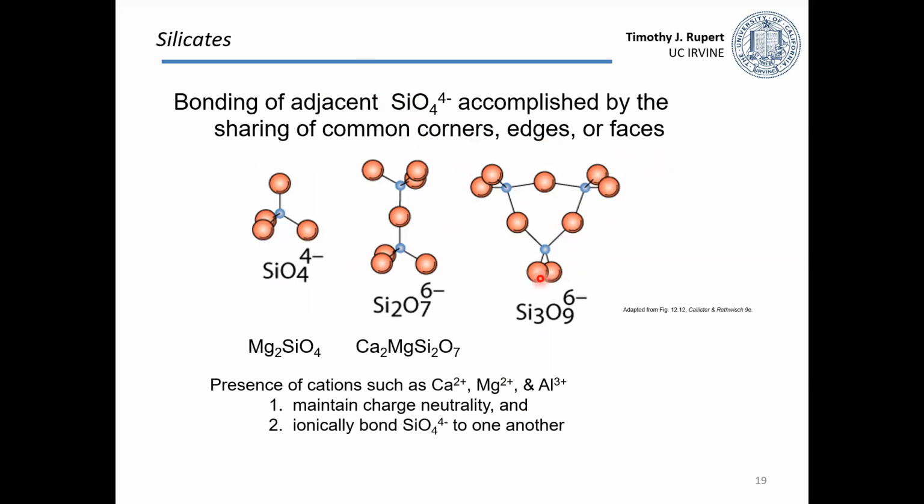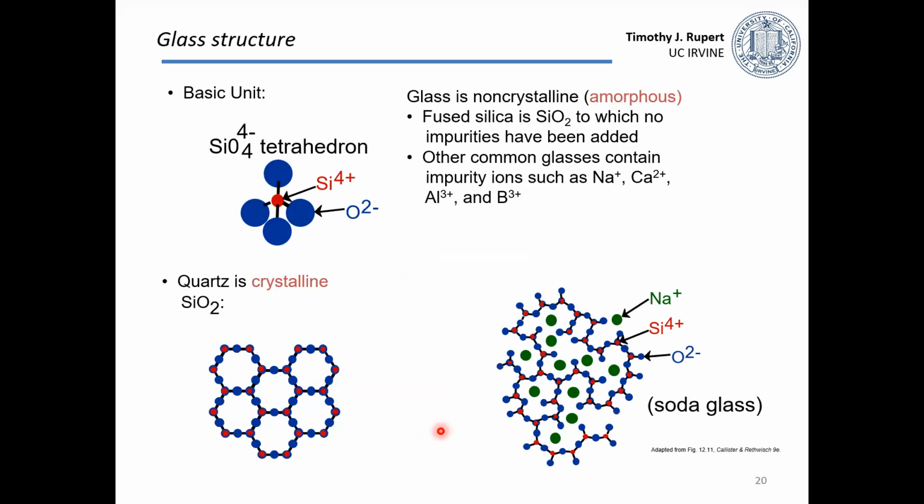This is also demonstrating how we can start to add in other cations to balance this out. So for example, it's common to have something like calcium added to silicon and oxygen to form a different type of silicate, maintain that charge neutrality, but ionically let them still have these SiO4 units.